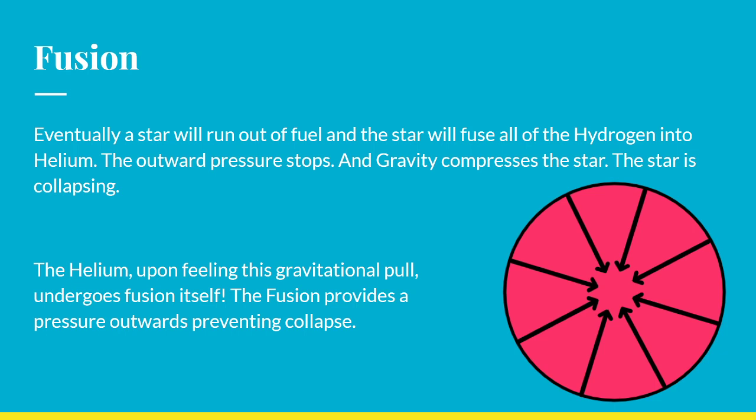The mass didn't go anywhere. It just changed from hydrogen to helium. And the star begins to collapse. But if there's enough gravity, which for most main sequence stars there is, the helium itself will start to be pushed so close together that it undergoes fusion. It fuses into some other elements, and that fusion pressure prevents the collapse from happening.